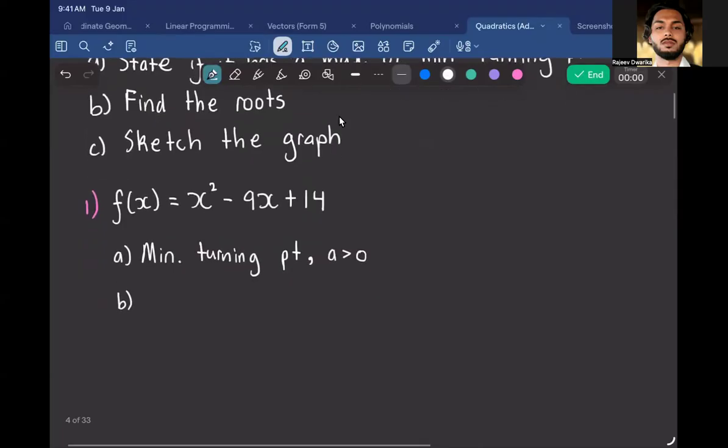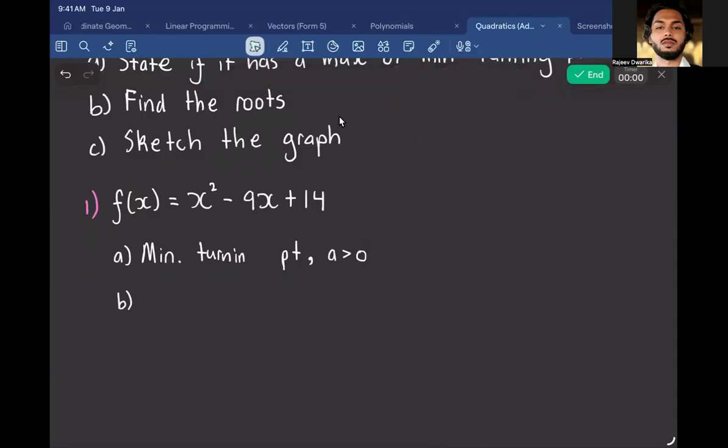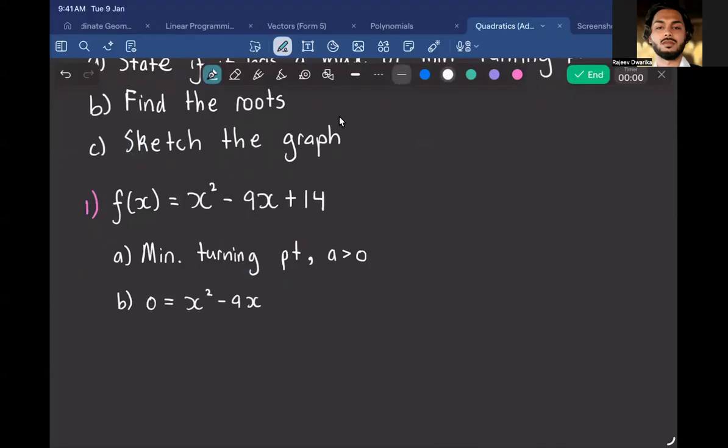B. Find the roots. So to find the roots, Serena, is any function equal to 0? Yes. By the way, when we were doing functions in regular maths, you would understand that f of x is the same thing as y. So we're going to write 0 is equal to x squared minus 9x plus 14.